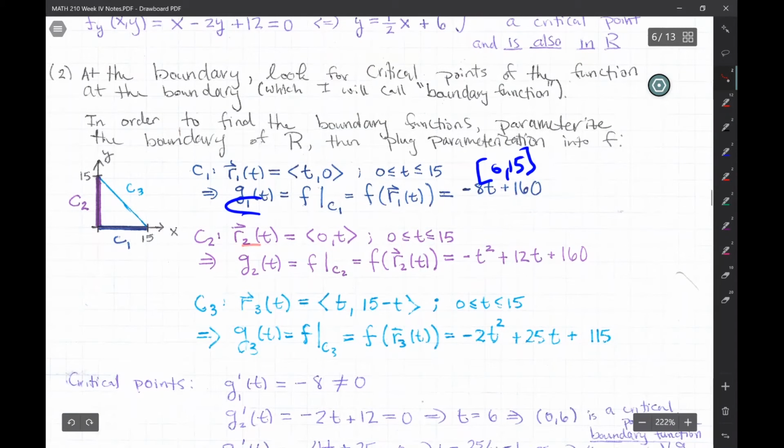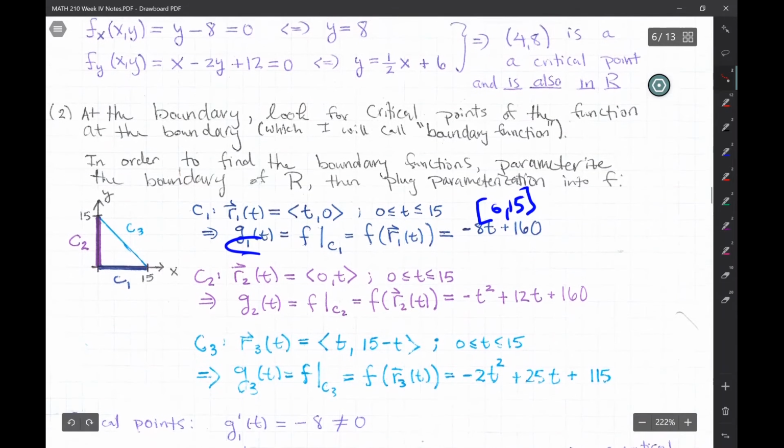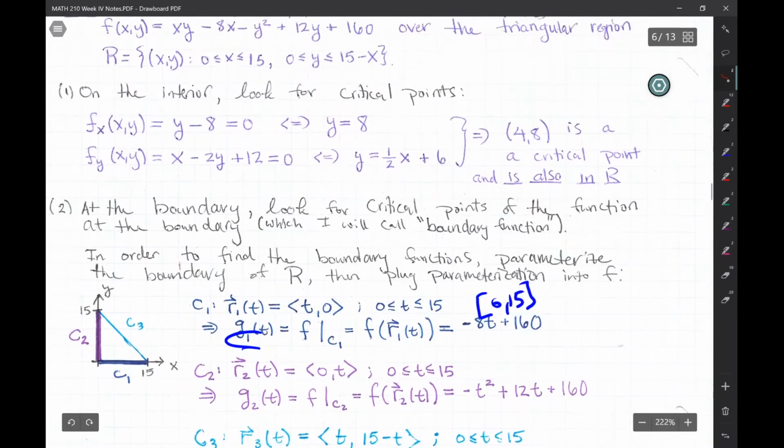What about C2? Well, we're going to parameterize it this way. So x is going to be 0 here, but y is going to have the t, and it's also going to run from 0 to 15, our t. And what do we do now? We take the parameterization R2 and plug it into the function. Okay, so here's the function up here.